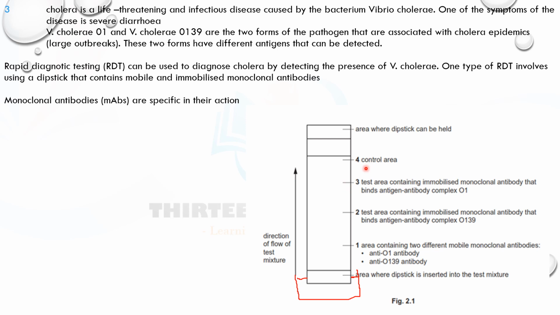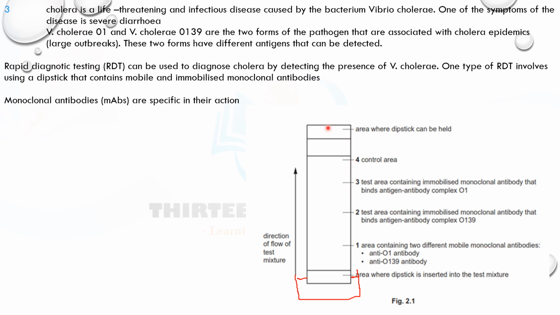The control here means that, let's assume there's no antigen present here. The mobile monoclonal antibodies will still move up. When they come here, we have monoclonal antibodies that can bind to the mobile monoclonal antibody, so they will still form a line here.